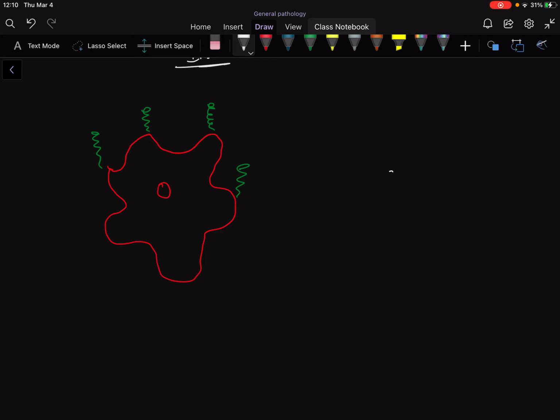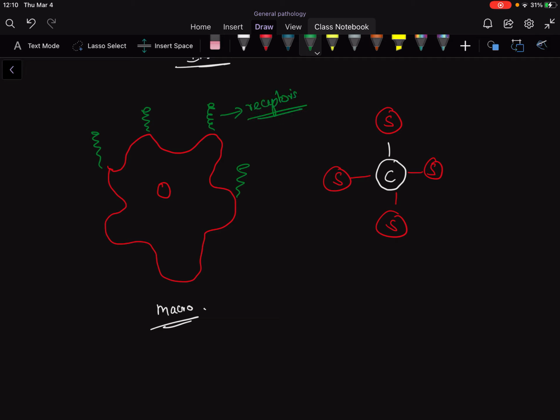Whenever coronavirus has these spike proteins present on it, and this macrophage has a lot of receptors on it, these receptors will sense these spike proteins.